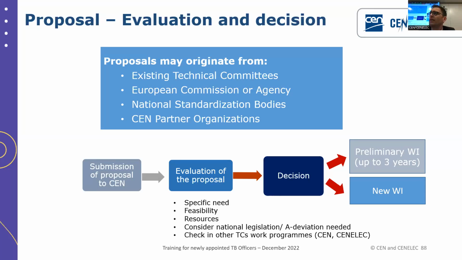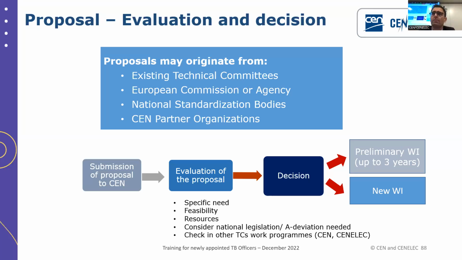It could come from a CEN member, the national standardization bodies, and it could come as well from a CEN partner organization. That's why European organizations can really contribute to the development of standards by making a proposal directly to a technical committee if they are interested.